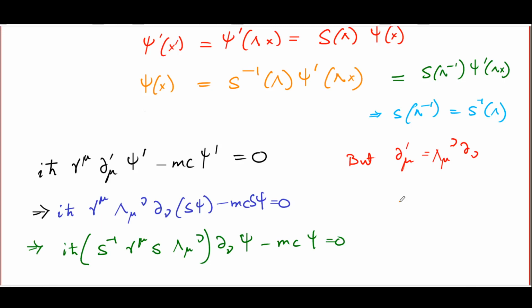Note that all I have done is I have moved the S outside the derivative for the simple reason that S is a matrix which is a constant, independent of space and time variables.